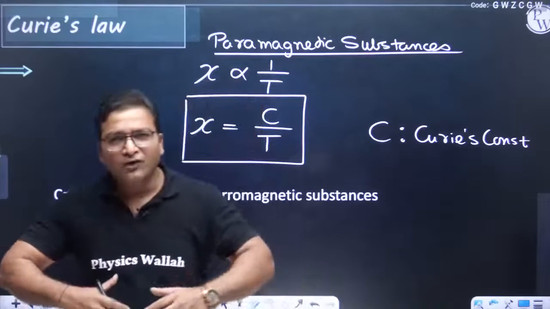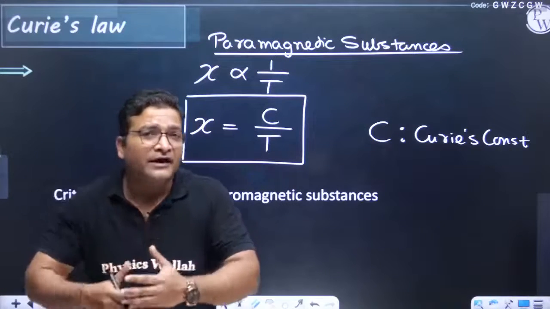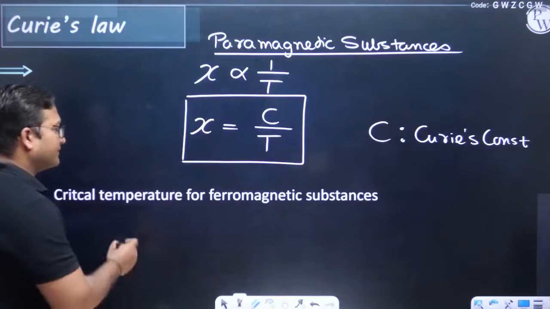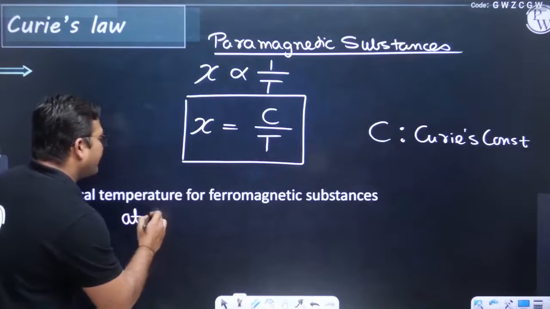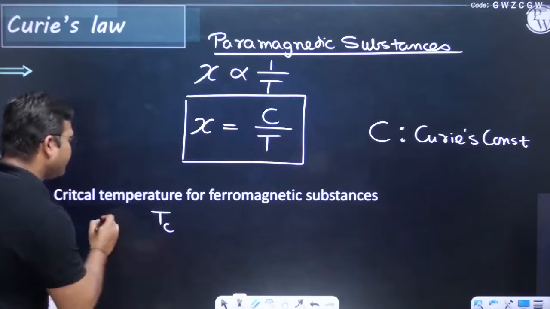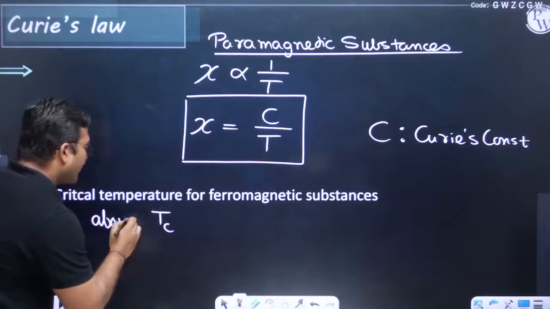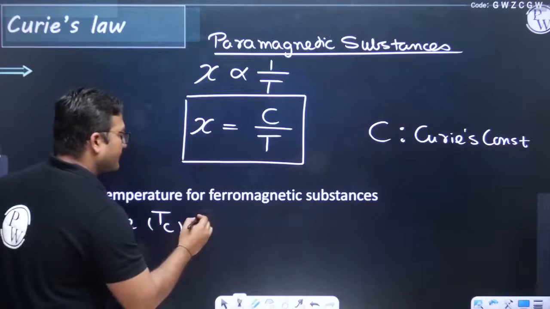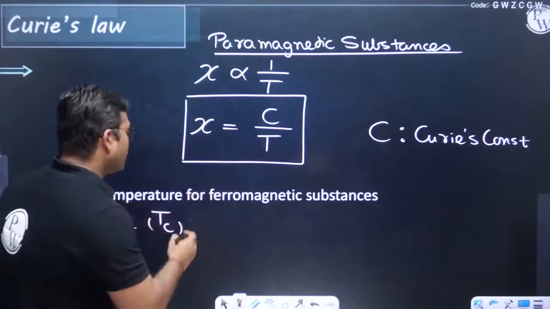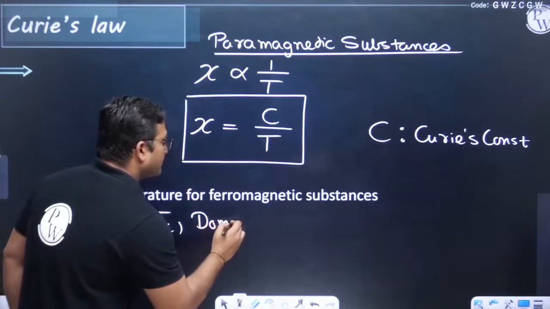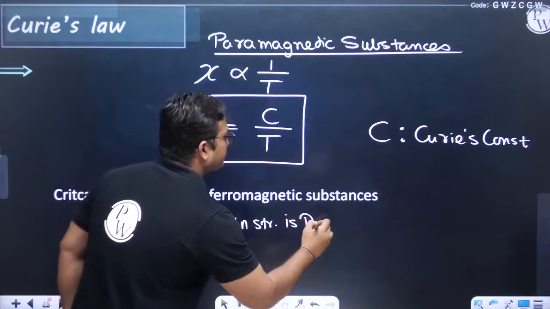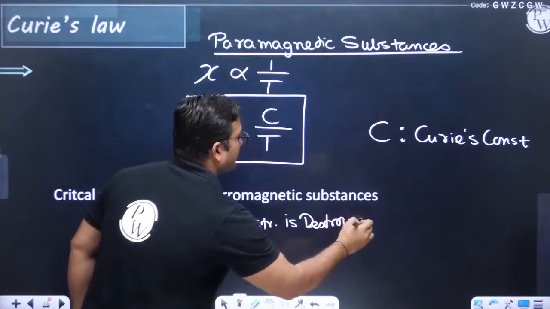The molecules have so much thermal energy that they destroy the domain structure. Let's say Tc is the critical temperature. Above the critical temperature Tc, the domain structure is destroyed.